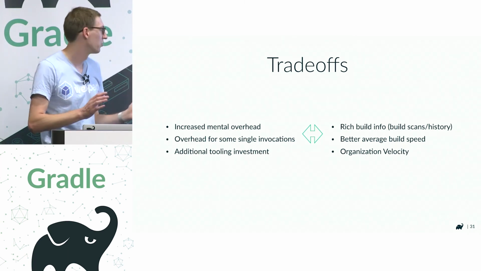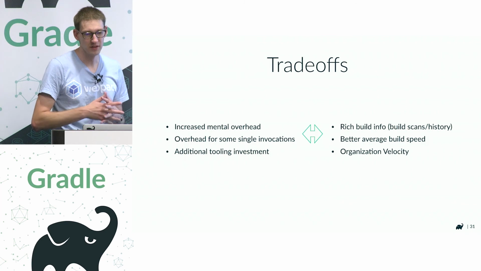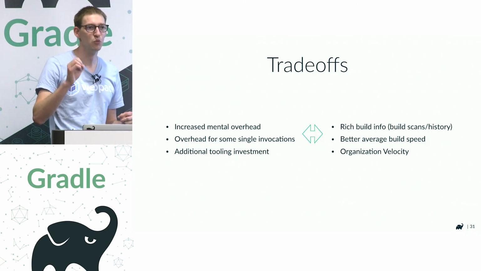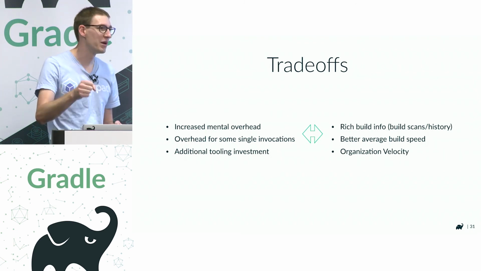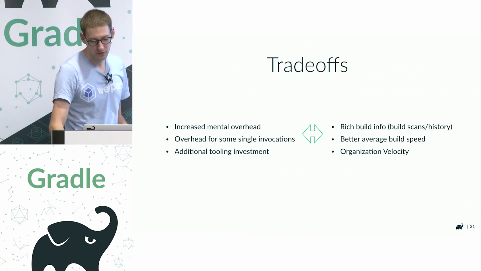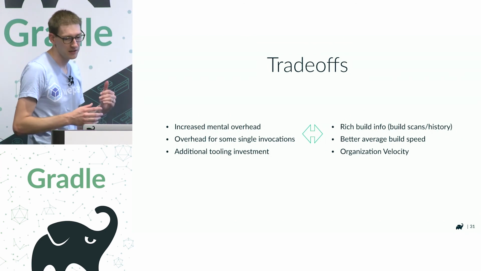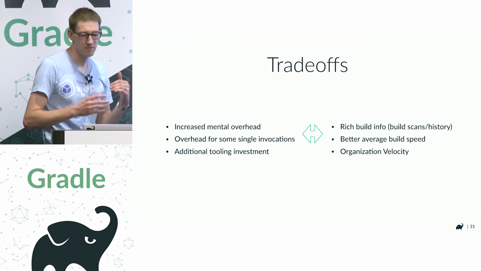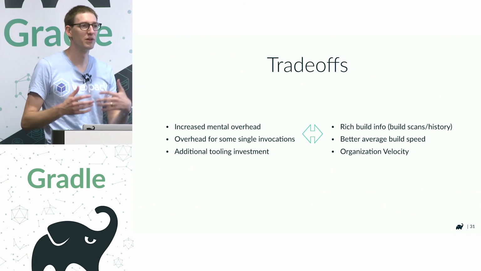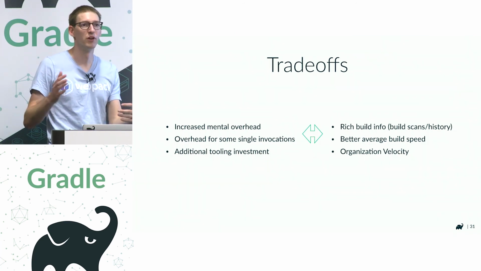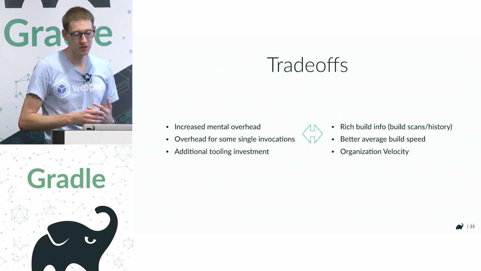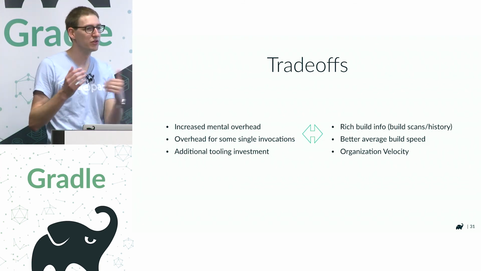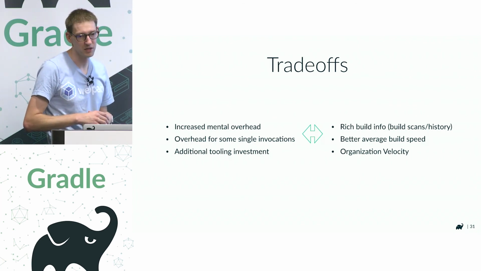Currently, there's no hand-holding for this stuff, so you have to have a deep problem and be willing to invest in order to get that payoff. And finally, the whole organization can benefit from unified tools, basically using Gradle for your front-end and back-end builds, especially if you have the rich build history available from Gradle Enterprise.